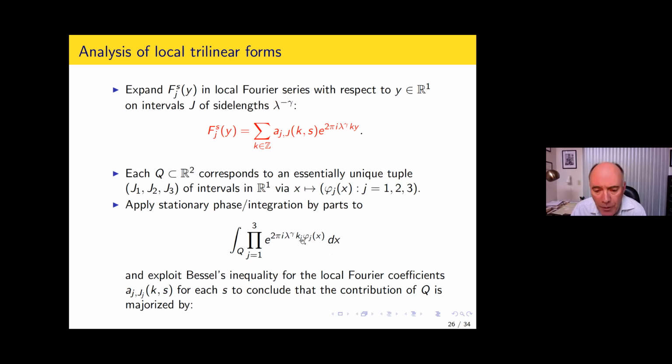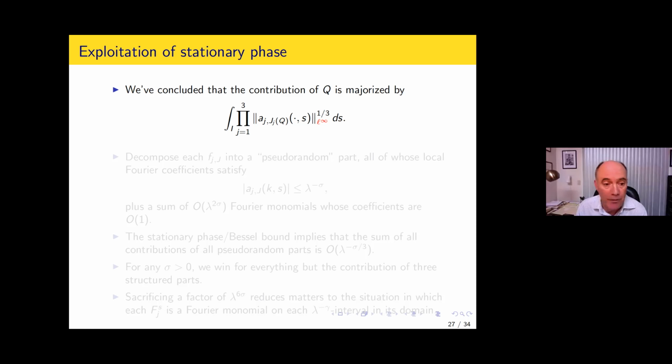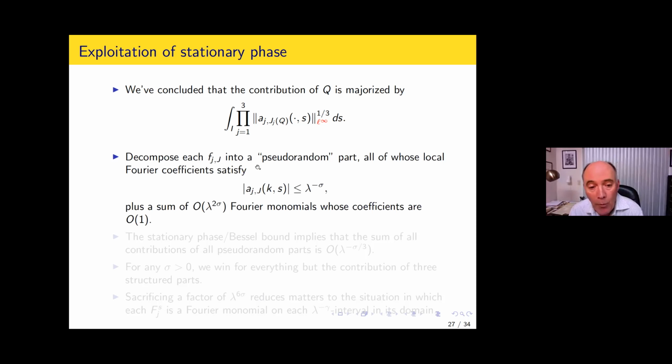And now we're into the realm of standard arguments from additive combinatorics. So I want to decompose each capital F into a pseudo-random part, all of whose local Fourier coefficients are small in the sense that they're majorized by a certain negative power of lambda, plus a sum of Fourier monomials, things where I have coefficients that are not small, but there can be only a certain number of terms where the Fourier coefficients are large.